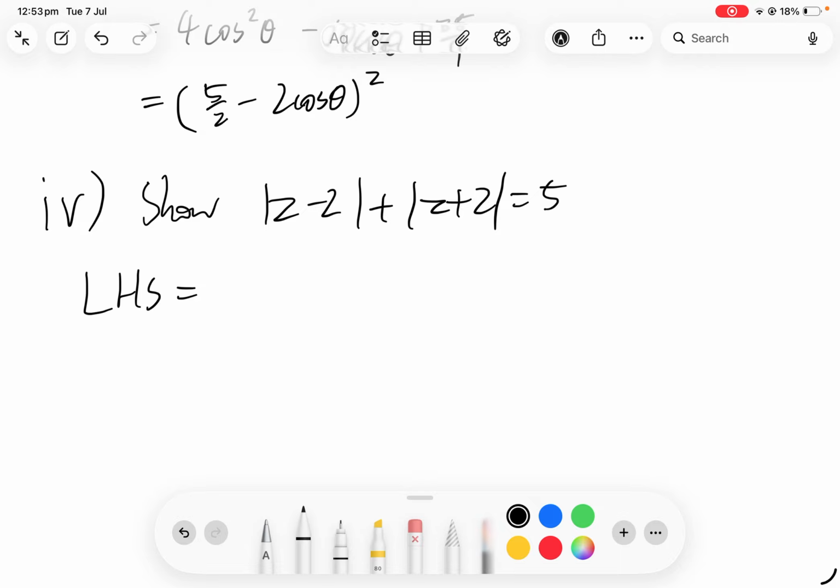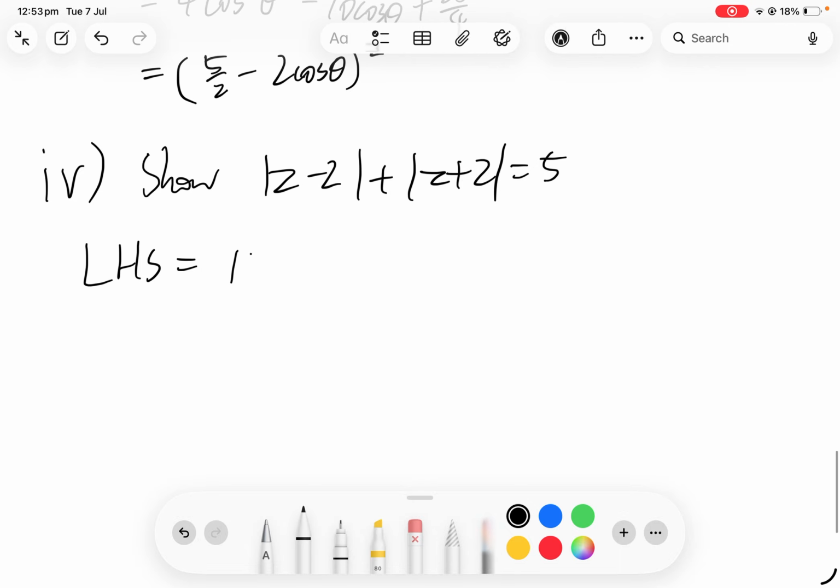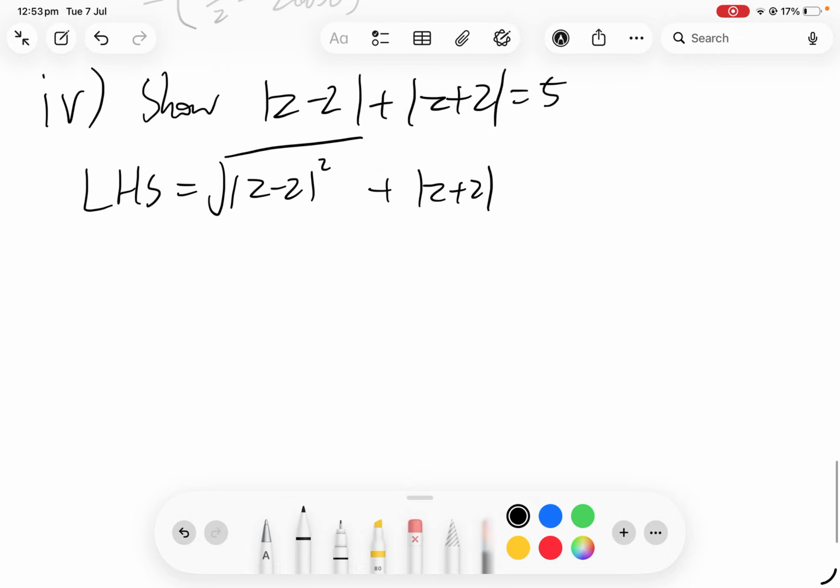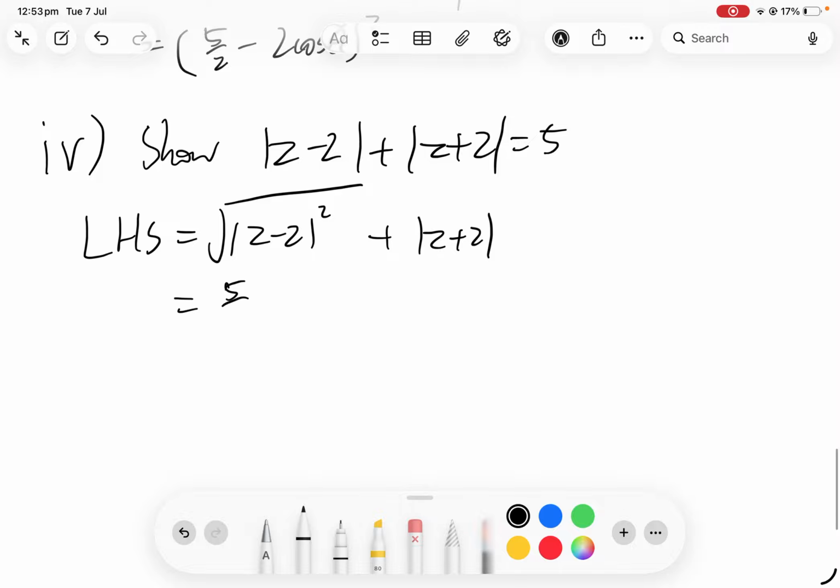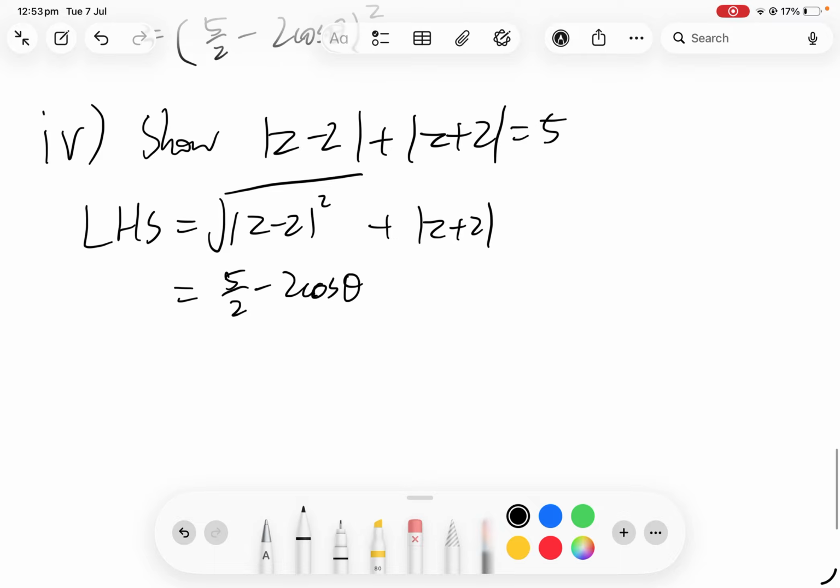They're not squared. So then |z minus 2| squared, and then you square root it, that just equals 5 over 2 minus 2 cos theta.